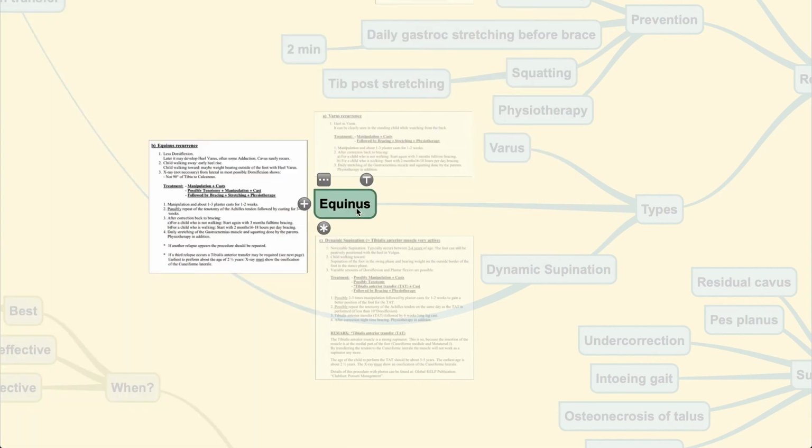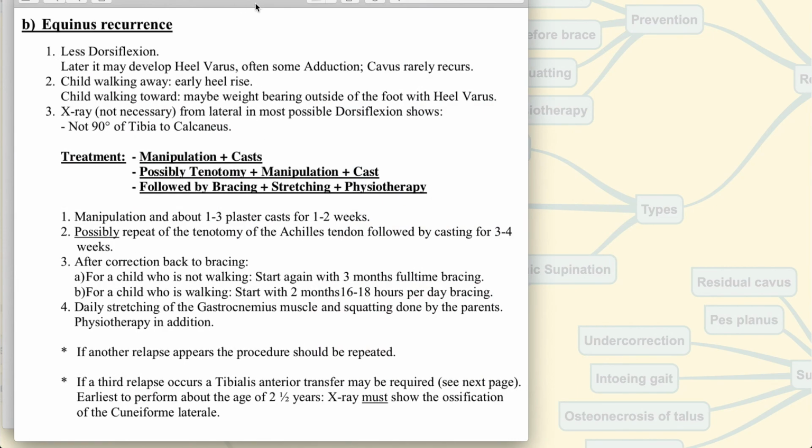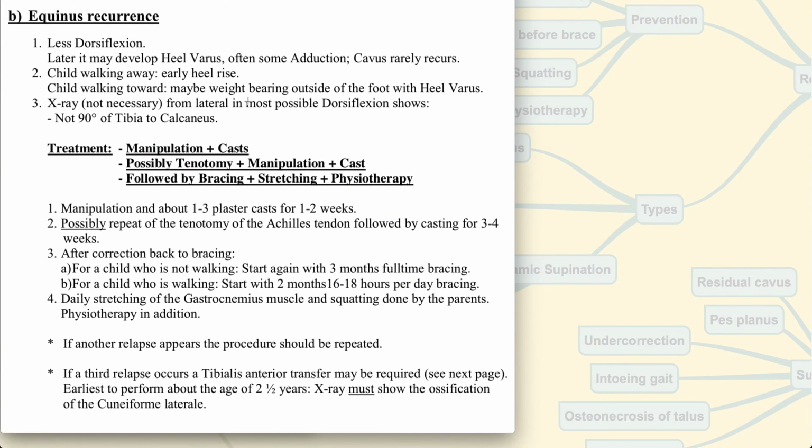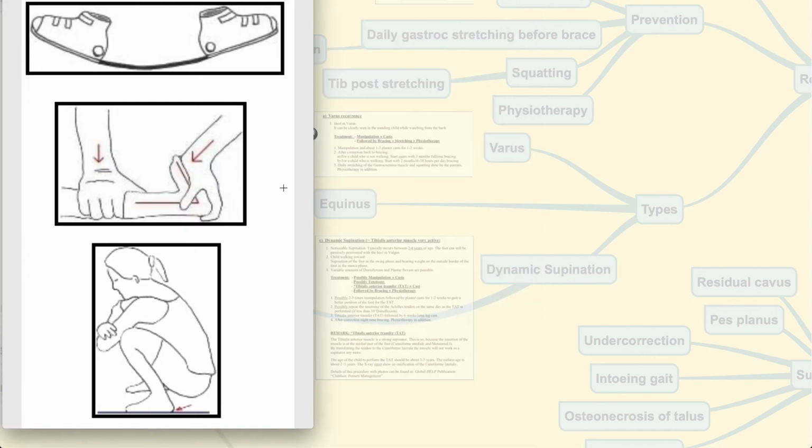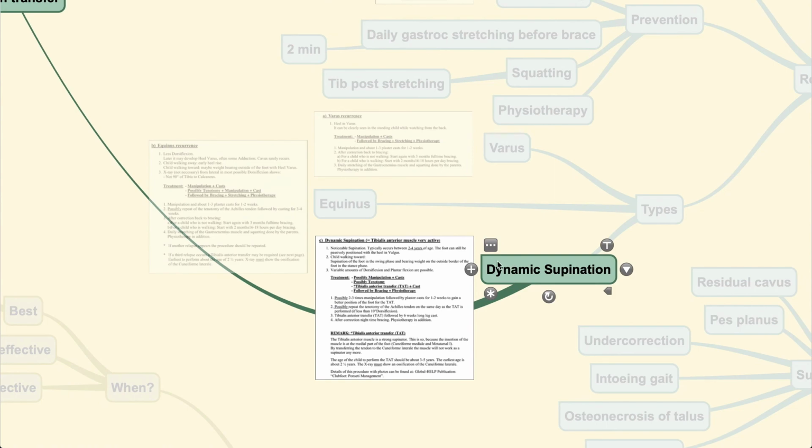The next would be the equinus deformity. While slightly different from the varus, equinus deformity sometimes needs another surgery followed by manipulation and casting before it could be treated well. The last would be dynamic supination.